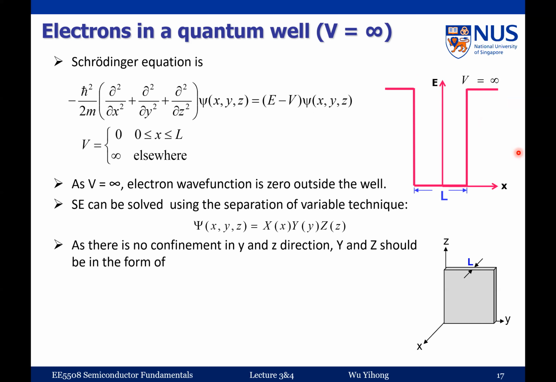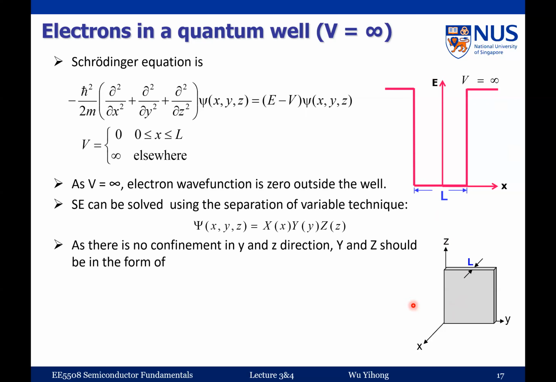So now you can see that this quantum well, or confinement, is called quantum confinement. The quantum confinement is only in the x direction. This means the electrons are confined in the x direction, but electrons can move freely in the y and z direction. Okay, so this is called a quantum well.